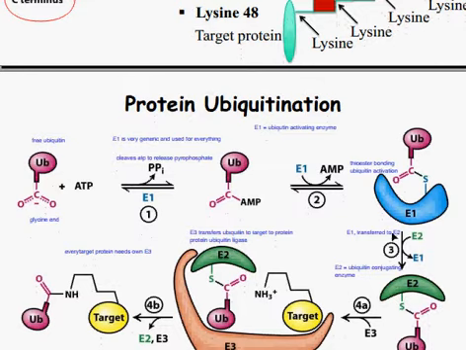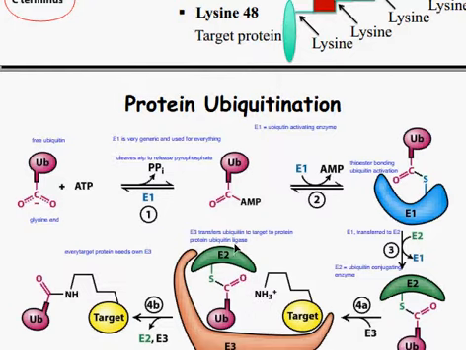So the E1 falls off, the E2 comes on, and you create this complex here. Then the E2-ubiquitin complex is found by E3, this big hand molecule, if you will, which brings the ubiquitin-E2 together with the target protein with its free amine end.